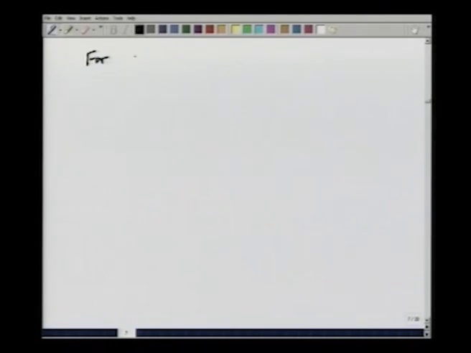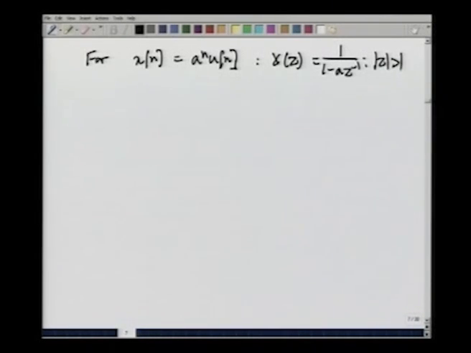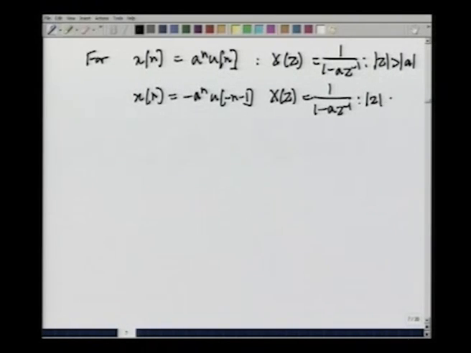So, for x n equal to a to the n u n, you get x z equals 1 by 1 minus a z inverse, mod z greater than mod a, which is what we plotted a little while ago, and for x n equal to minus a to the n u minus n minus 1, which is the anti-causal exponential sequence, you get x z equal to the same thing as before, 1 by 1 minus a z inverse, but now we have mod z less than mod a.